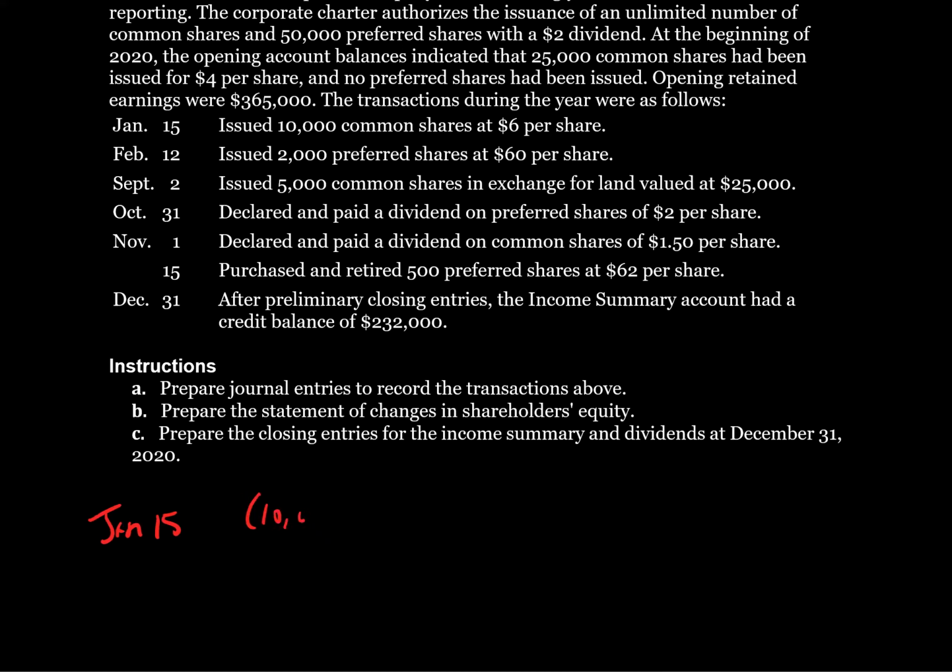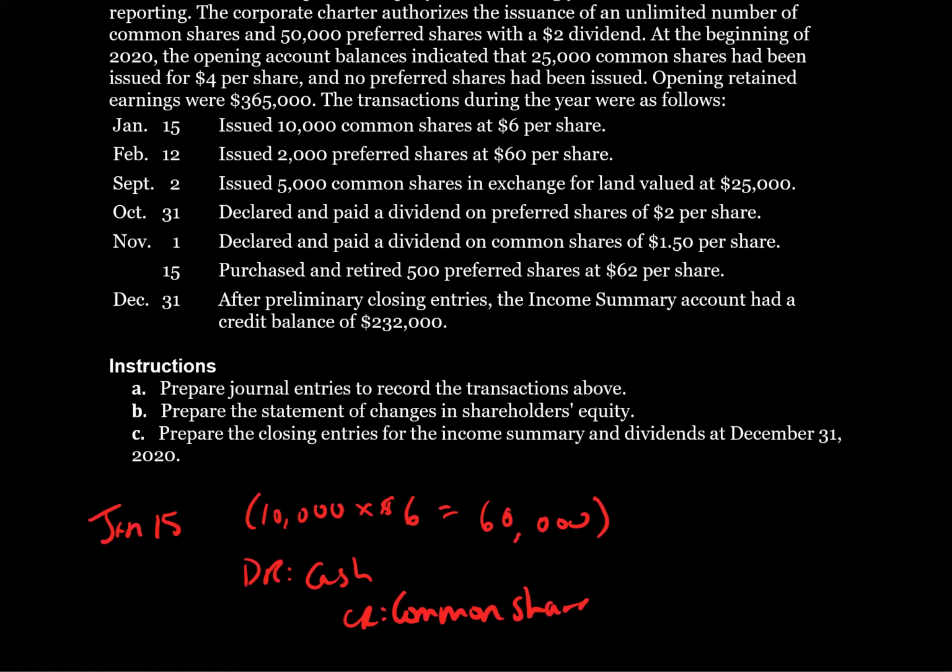So 10,000 common shares times $6 is going to give us 60,000. So we're going to have debit cash, credit common shares, for 60,000.